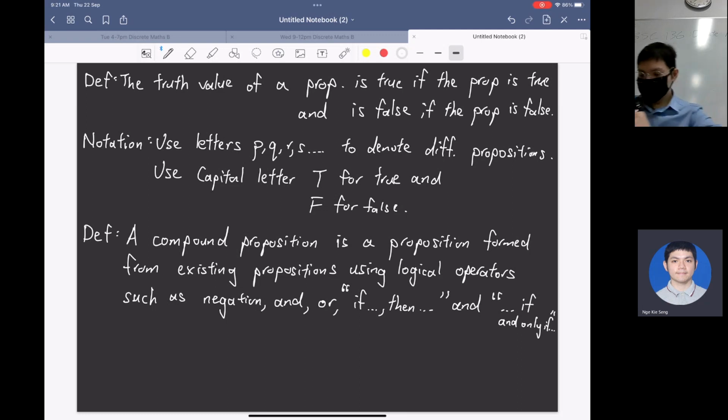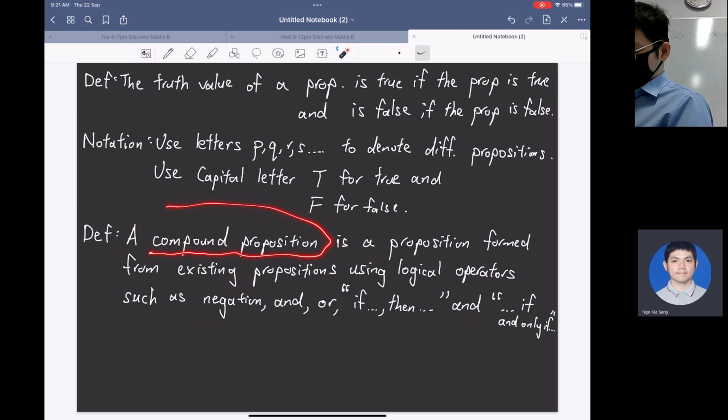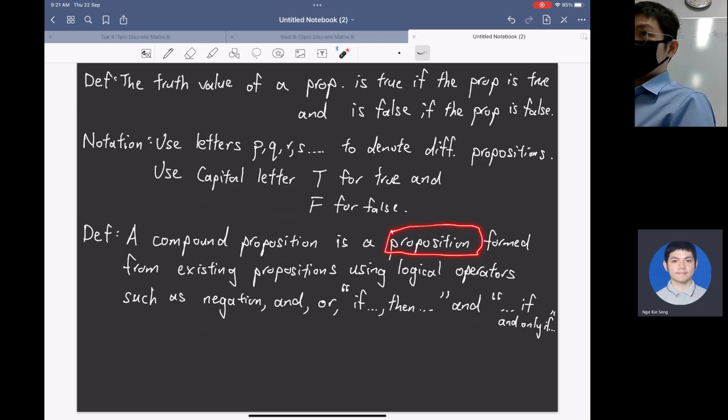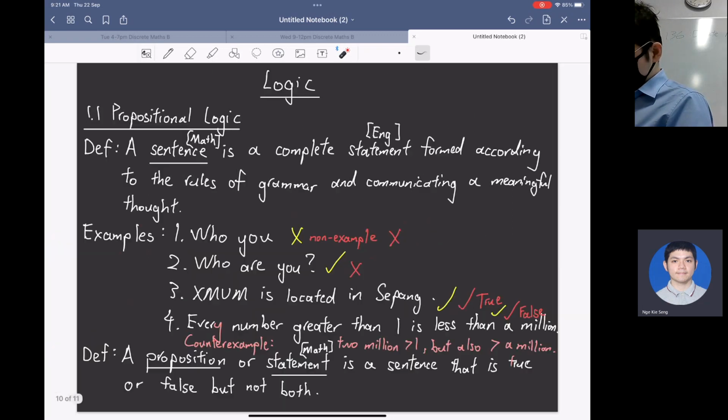Okay, so when you read a definition in mathematics, or maybe in your coding, you need to be able to understand every word in the definition. First of all, I'm defining a compound proposition. What's a compound proposition? It is a proposition. And a proposition is a sentence that is true or false, but not both.